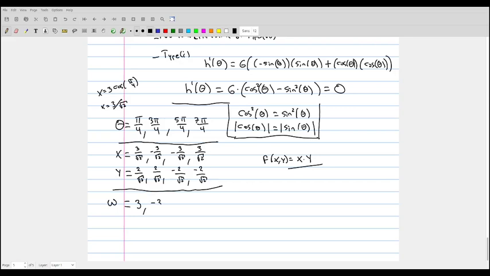It'll be negative 3 at 5 pi over 4. Similarly, at 3 pi over 4, it'll be positive 3, and it'll be negative 3 at 7 pi over 4. So these are all potential max and mins of the function.